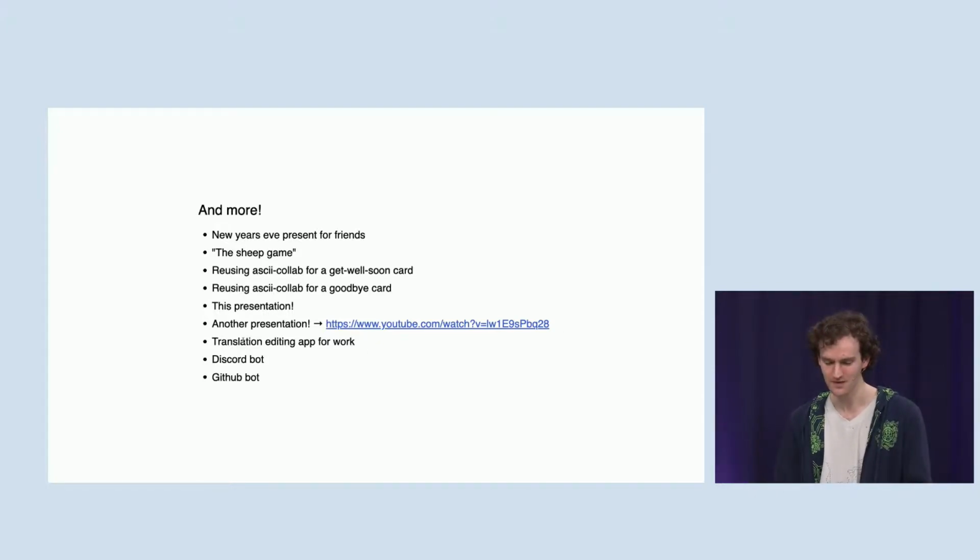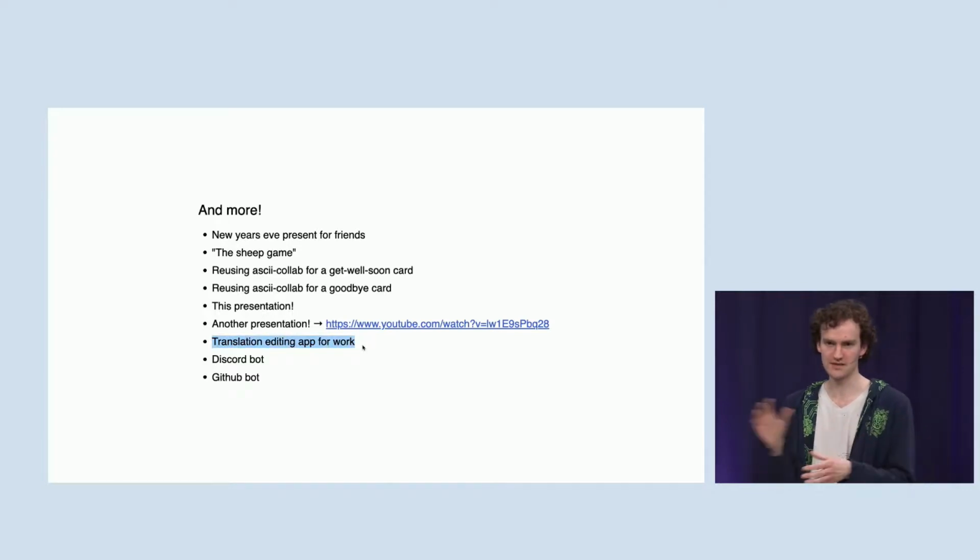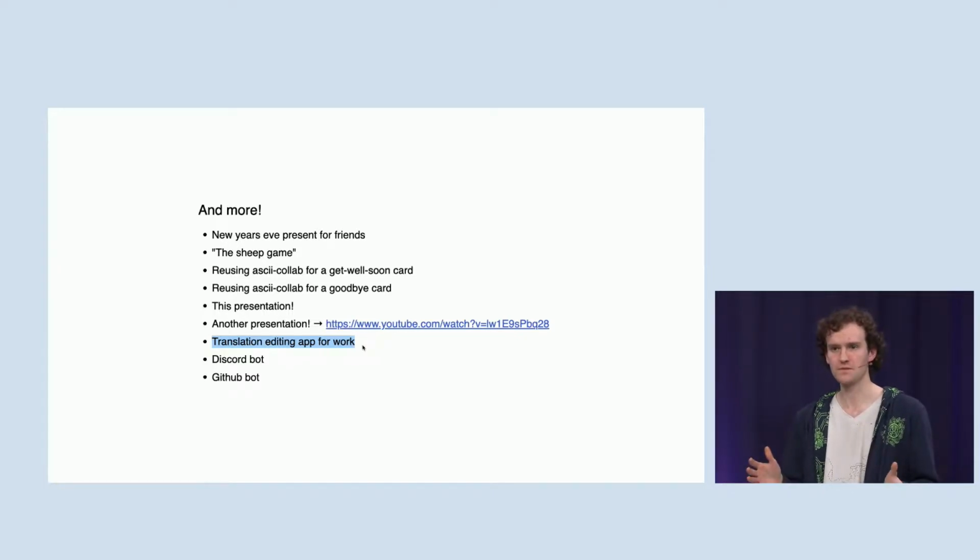Surprise. Also at work, and specifically my previous job, so not the startup now, but the previous company I was working at, we had an issue. We have our app, and it's used in several different markets which have their own languages.